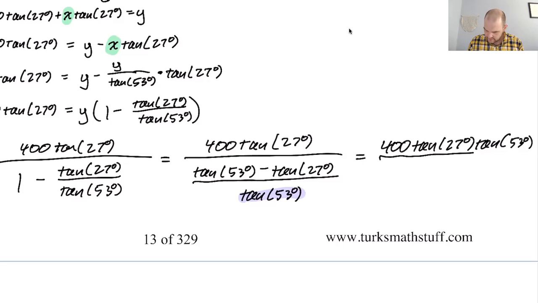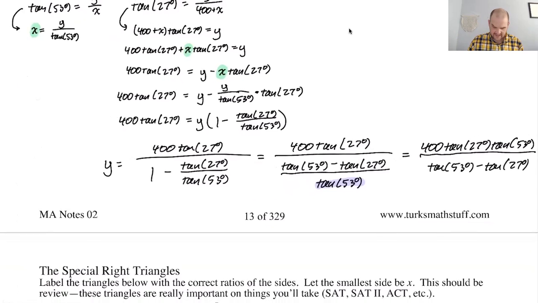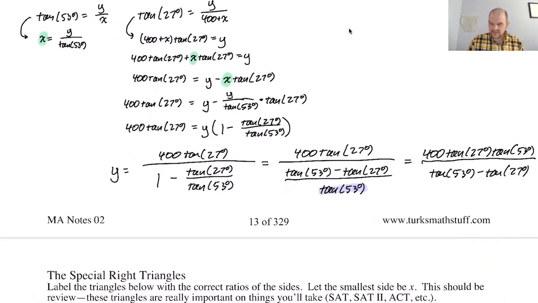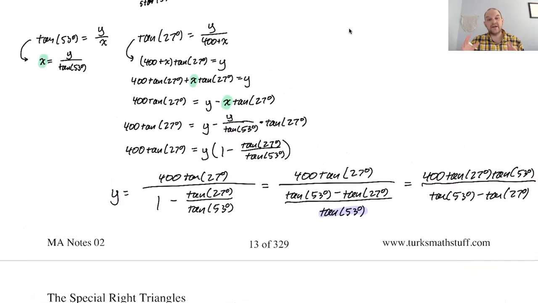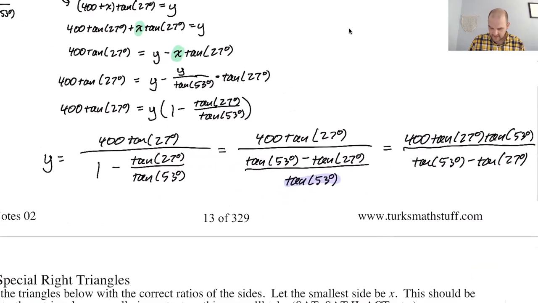And then over tangent of 53 minus tangent of 27. This is the exact answer. That's the exact value.